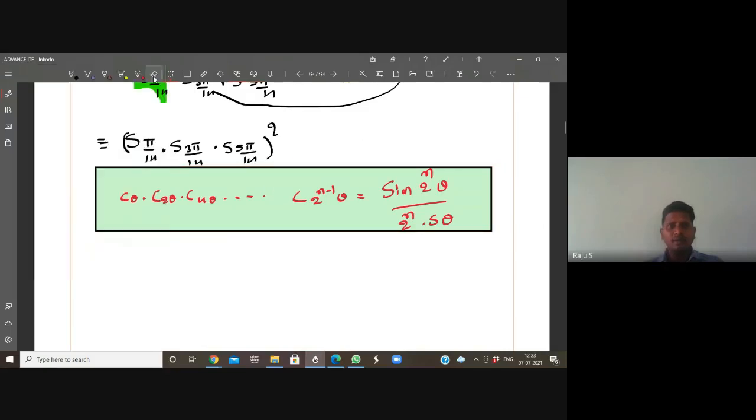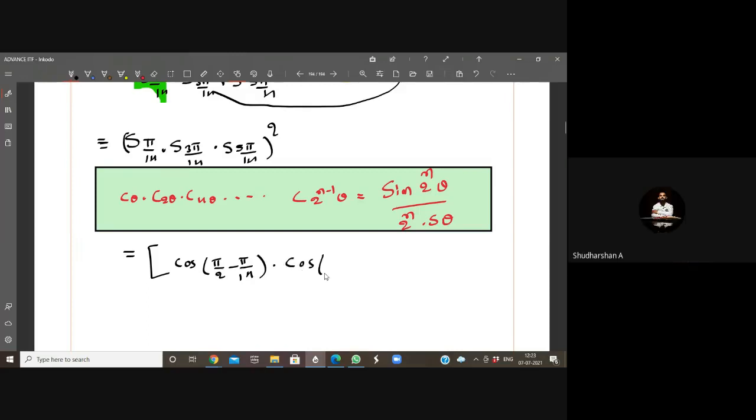In terms of cos, but here we got in terms of sine. Can you change this value in terms of cos? Shall I write sine as cos of 90 minus pi by 14? Yes, sir.